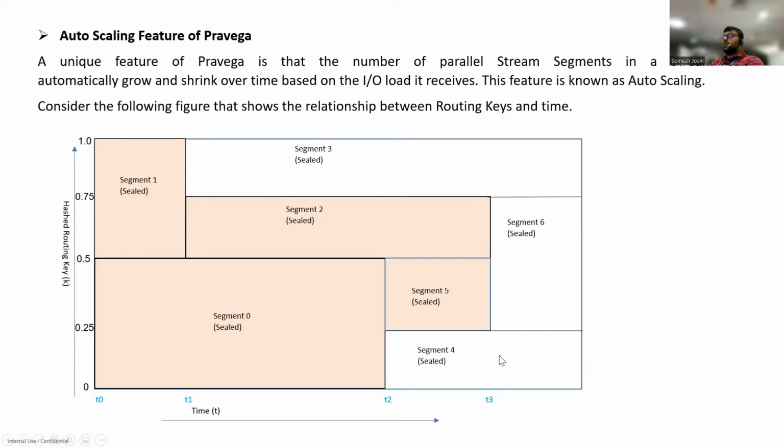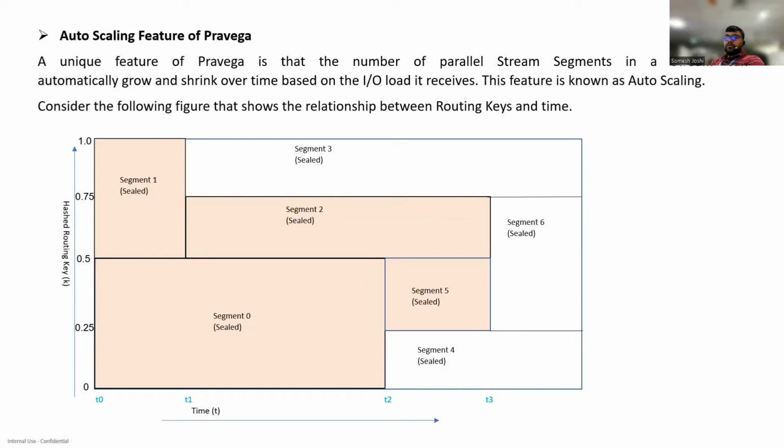So after t3 time period, we have only three active segments present: segment 4, 6, and 3, which are receiving continuous data, and so on.